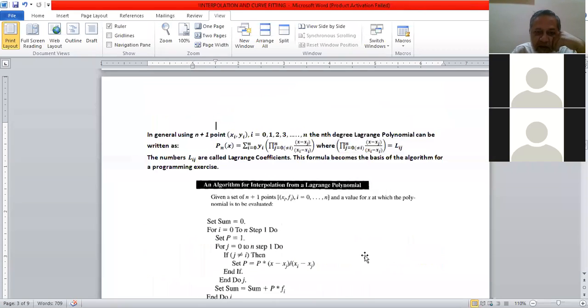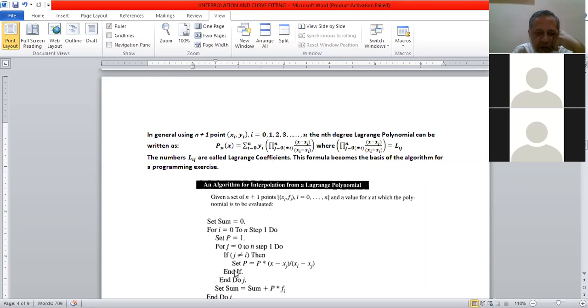There is an algorithm that you can use to implement this Lagrange interpolating polynomial in a program. That will require you to input data x_i, y_i, and then develop the products which are called the Lagrange polynomials, and then obtain this sum.